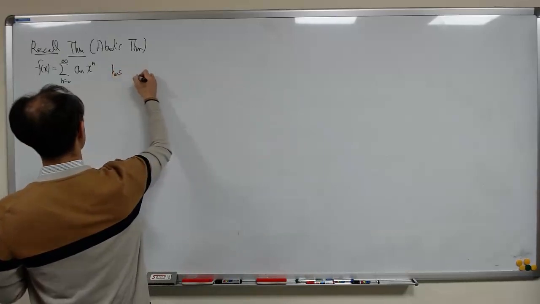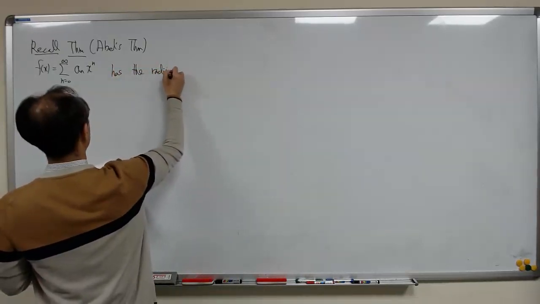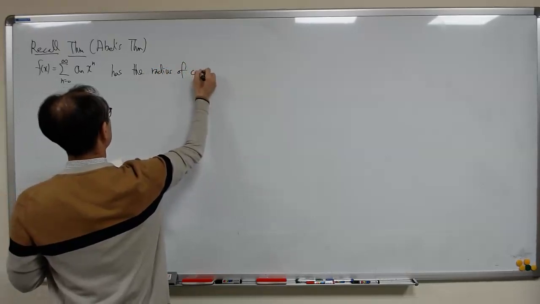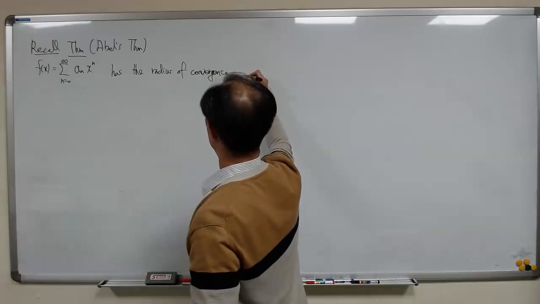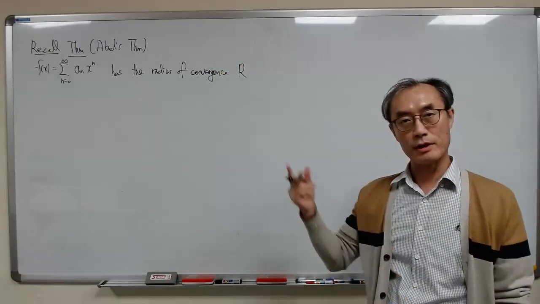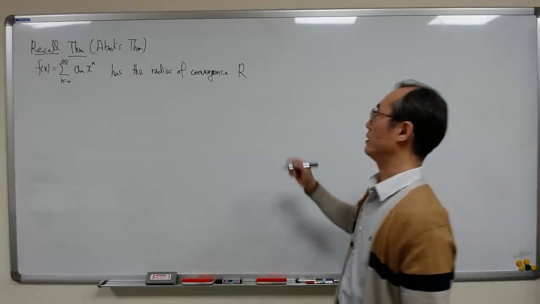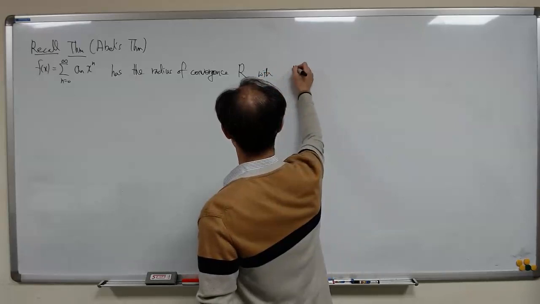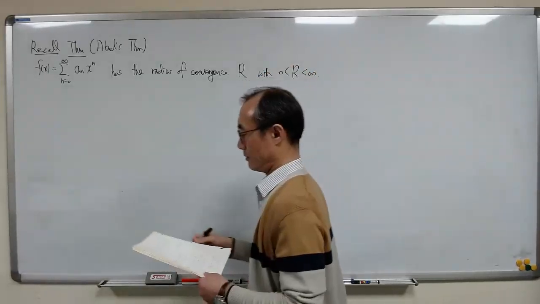And we're going to assume this power series has the radius of convergence, denoted by r, and that this radius of convergence is positive and finite. That means r is positive and finite.